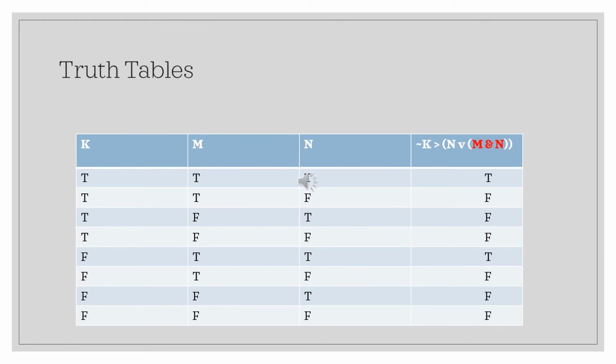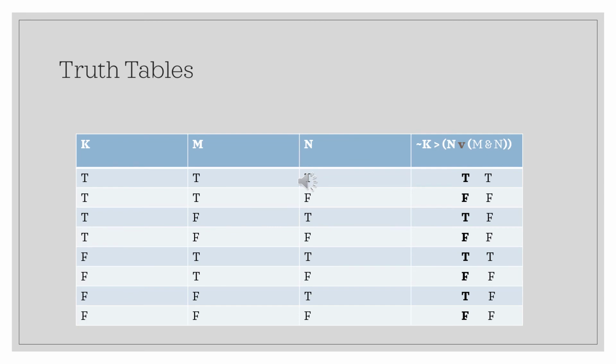But now we're going to have to use that to compute the next level up. Using the truth values that we just computed for M and N, we can compute the truth values of the disjunction. Now we've got N or M and N. Because we now know the truth values of N and of M and N, we can compare them and figure out the truth values here.